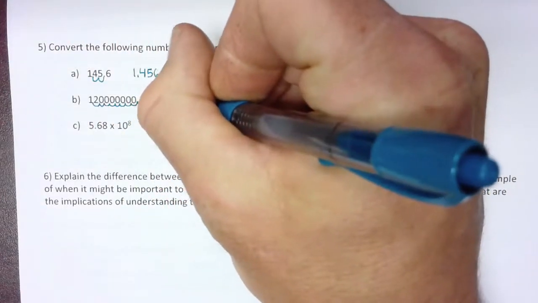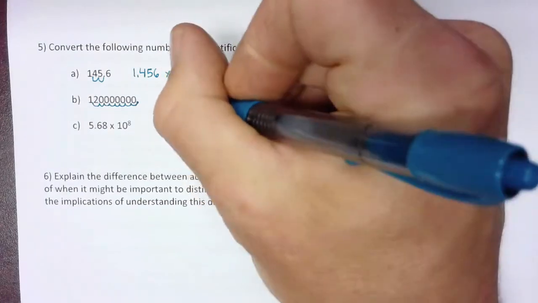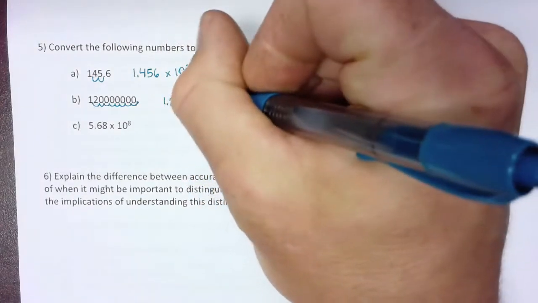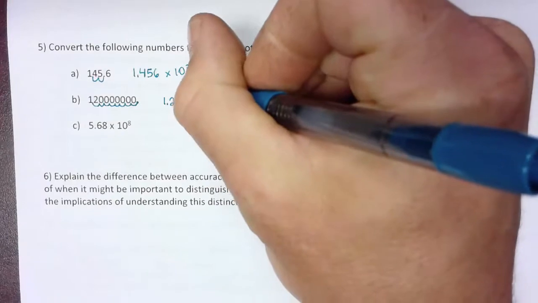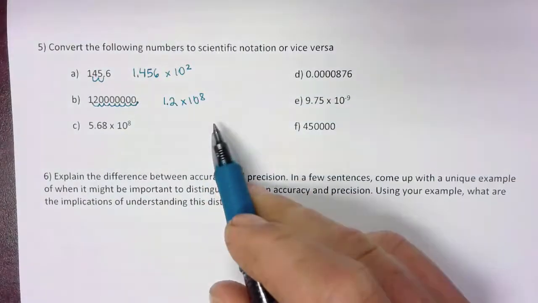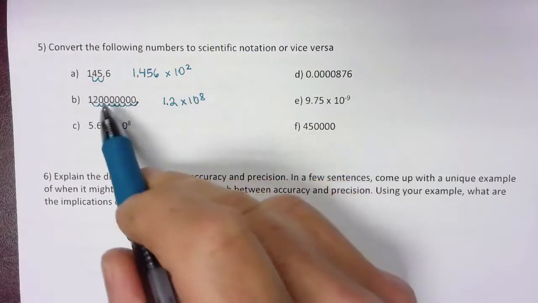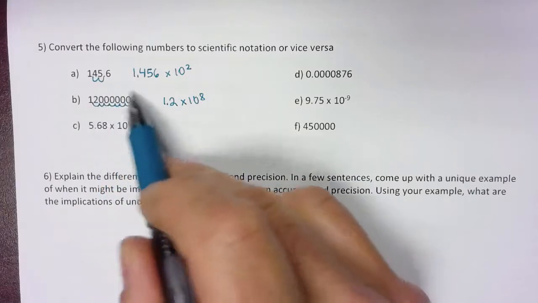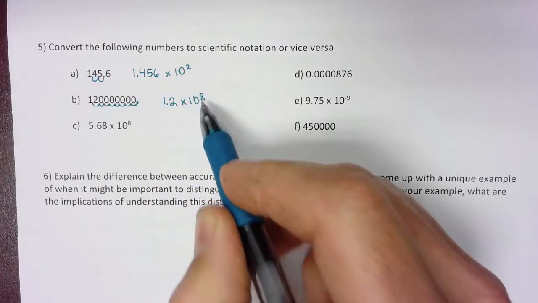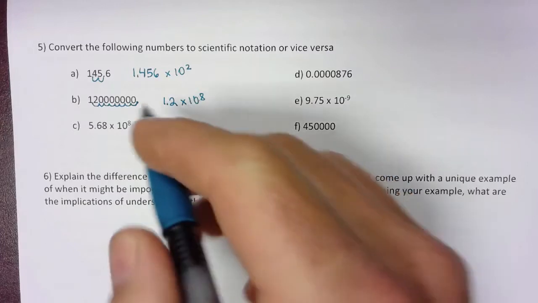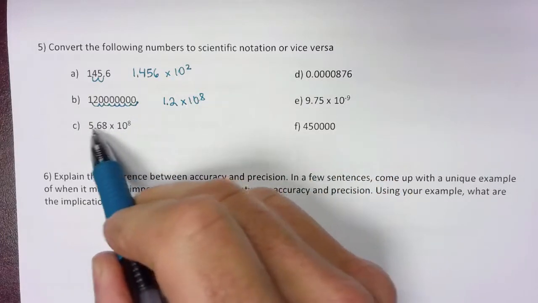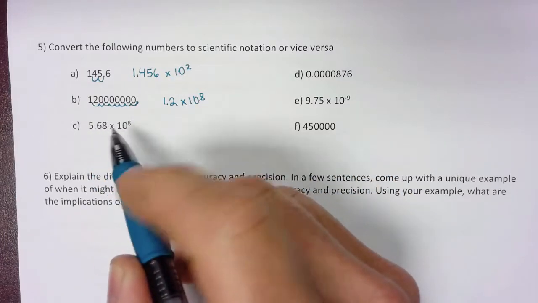So we moved it 8 places to the left, so that means it's going to be a positive 8 there. Another way you know it's positive is this number is much, much larger than 1, so that means this must be positive.